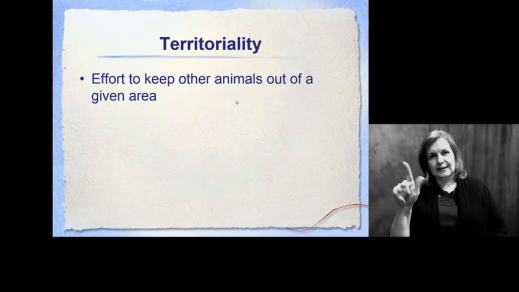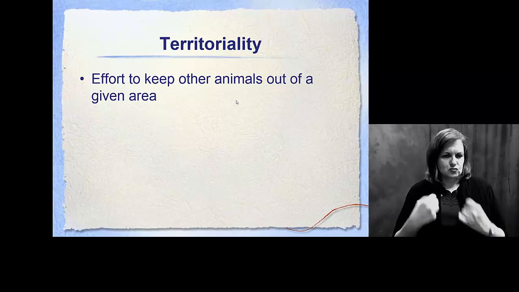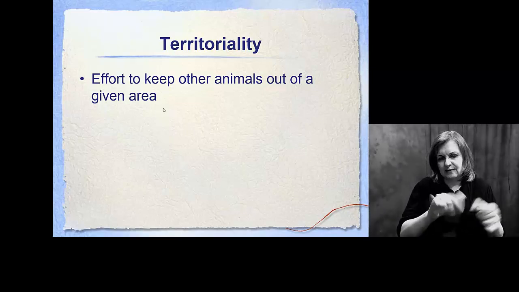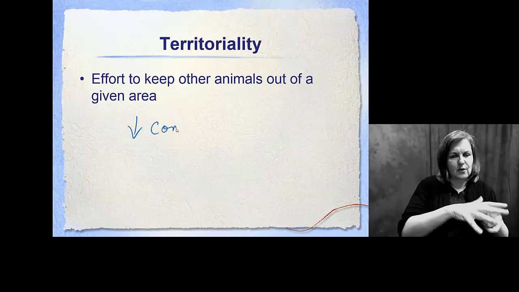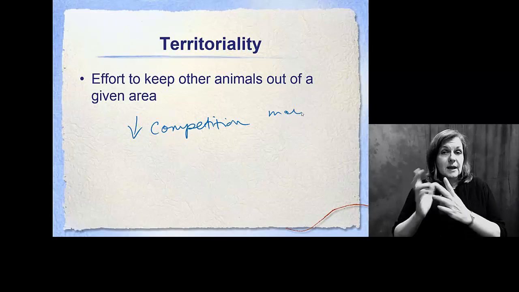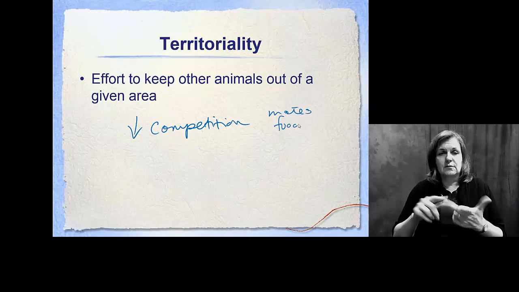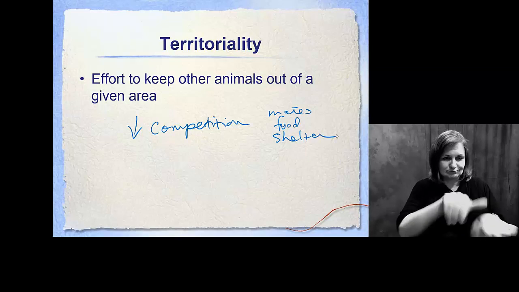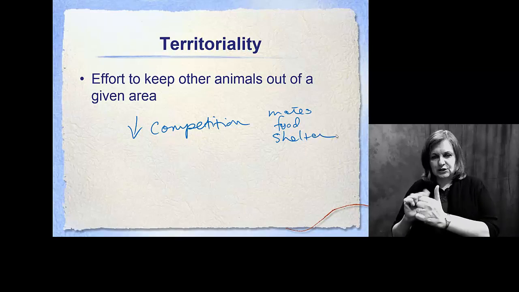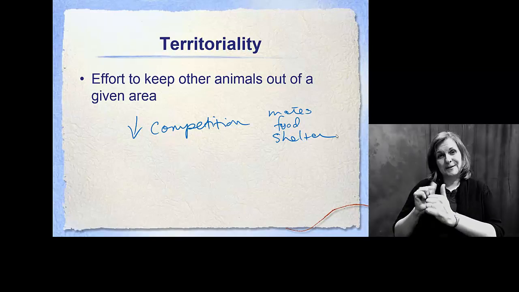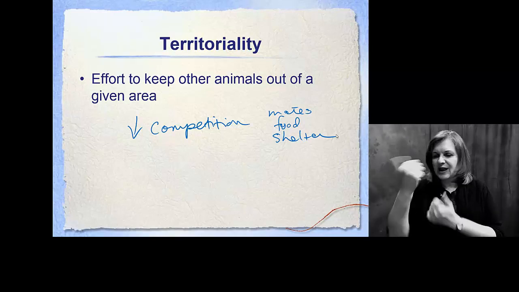These prime, very strong individuals will set up territories to decrease competition. This competition can be for mates, for food, for habitat, shelter, what have you, but it decreases competition, because competition is bad for everyone.